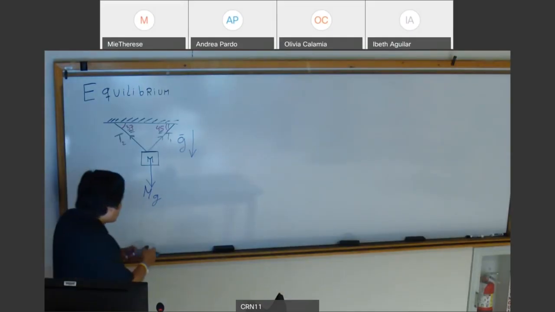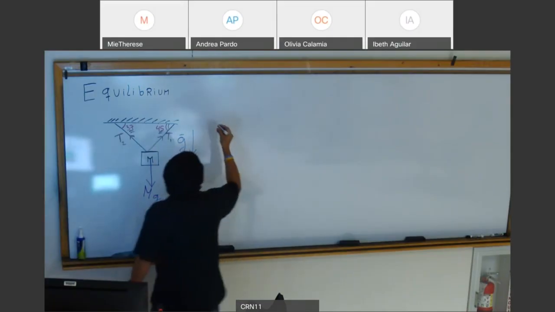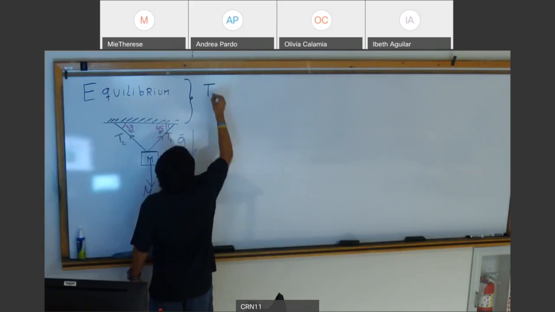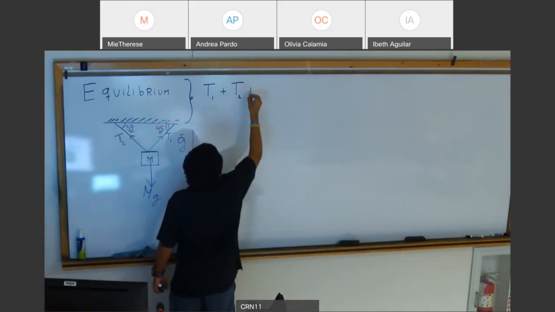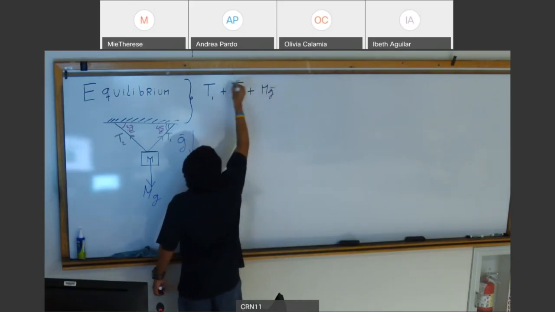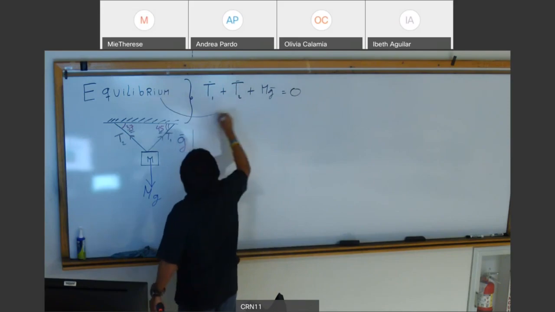So what you will need to write here, remember that force is a vector. So you will have here that T1 plus T2 plus mg, and you can even put vector, vector, vector, is equal to 0. That's because they are in equilibrium.